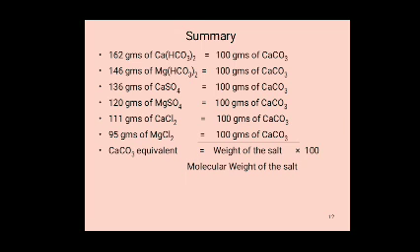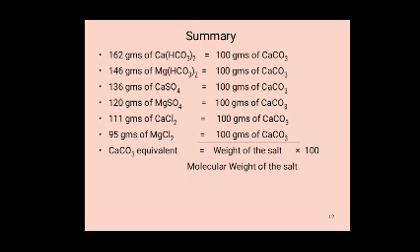162 grams of calcium bicarbonate, 146 grams of magnesium bicarbonate, 136 grams of calcium sulfate, 120 grams of magnesium sulfate, 111 grams of calcium chloride, 95 grams of magnesium chloride is equal to 100 grams of calcium carbonate.